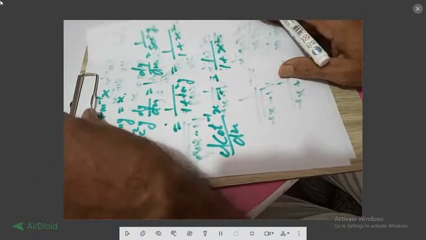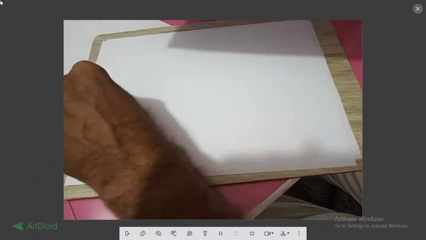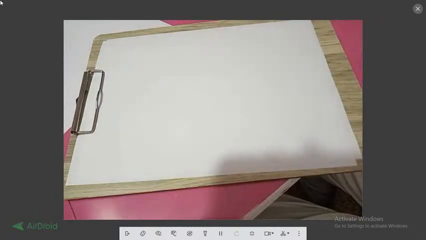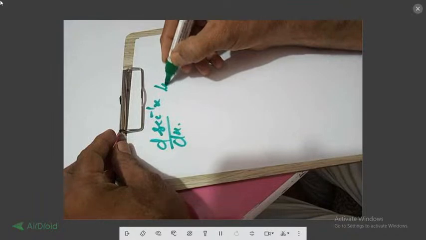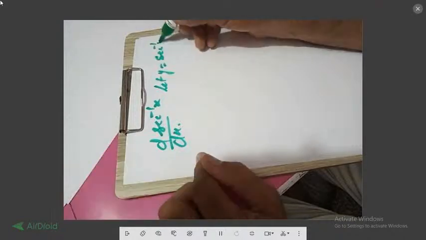We can find out the derivative of secant inverse x with respect to x. First of all, let y is equal to secant inverse x.